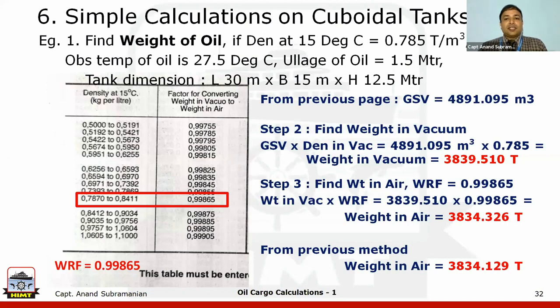The moment he gives us the density in air, we have to start talking about the pressure of the air and so on. That gets into a lot of complications. So the surveyor will not get into all these things. He will just give us the density in vacuum, which can easily be converted into density in air by us. So it's not a big deal at all.